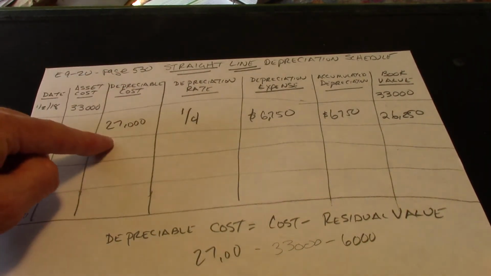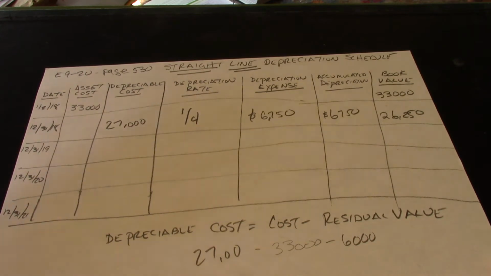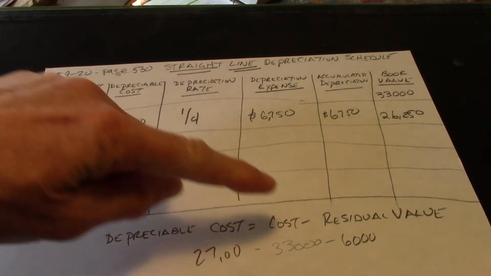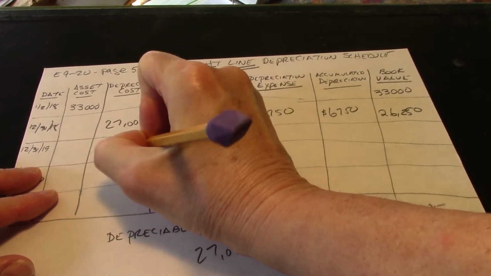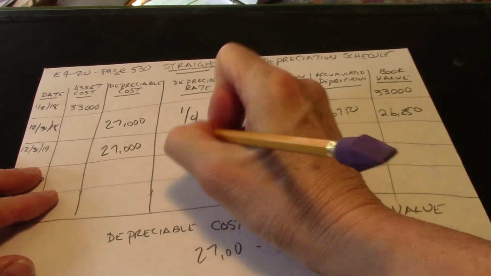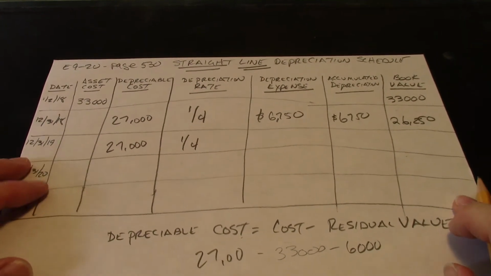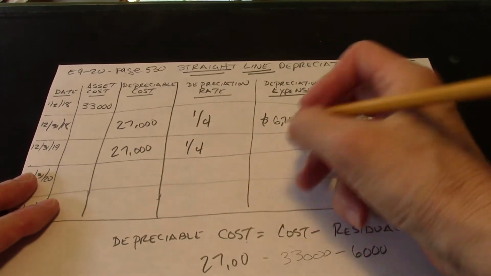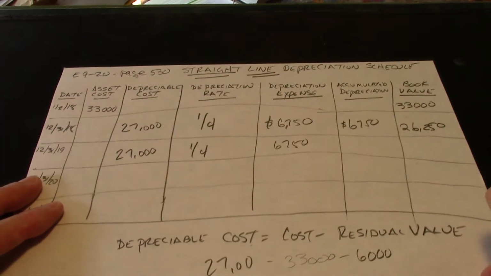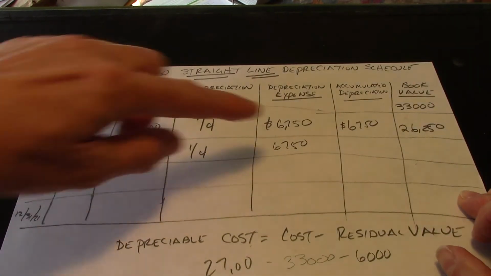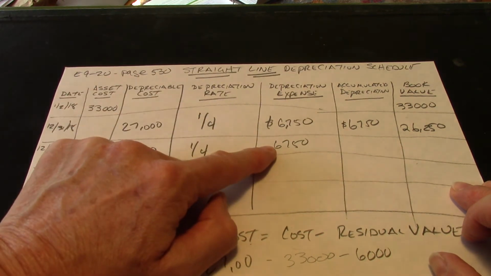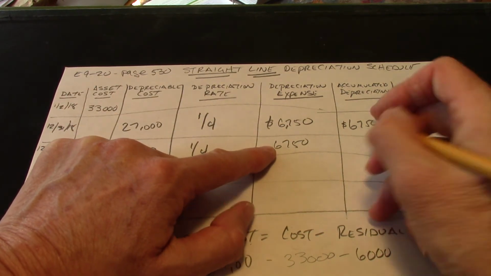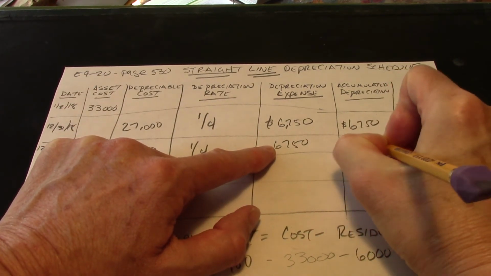So my depreciable cost doesn't change, right? This word depreciable cost means cost minus residual value. So $27,000 times our 1 over the number of years, so in this case 4. Same number, 6750. Accumulated depreciation, though, is now old accumulated depreciation plus my new depreciation expense, so that's 13.5.